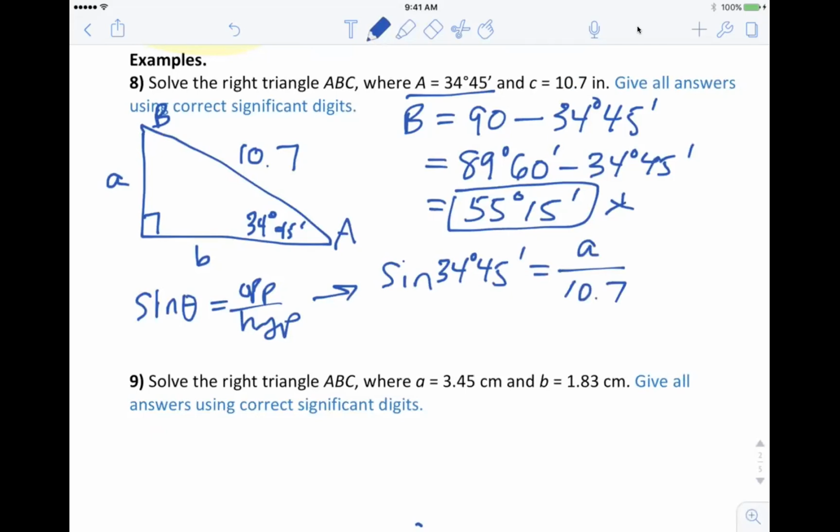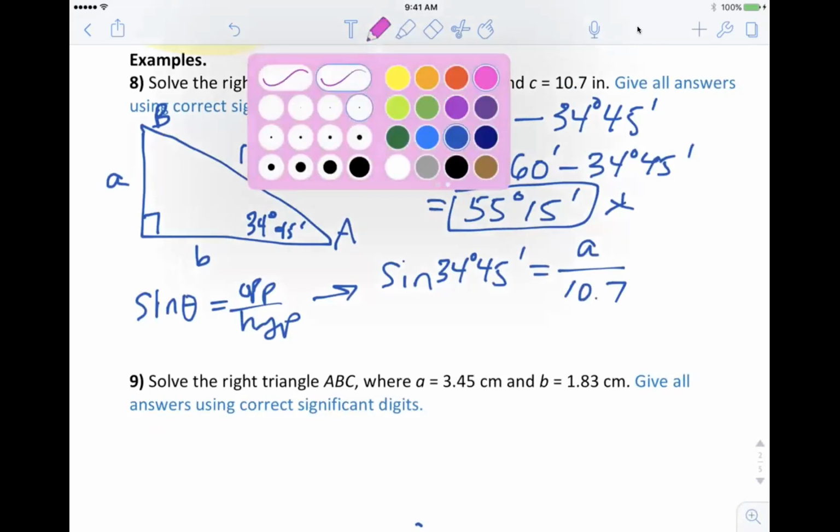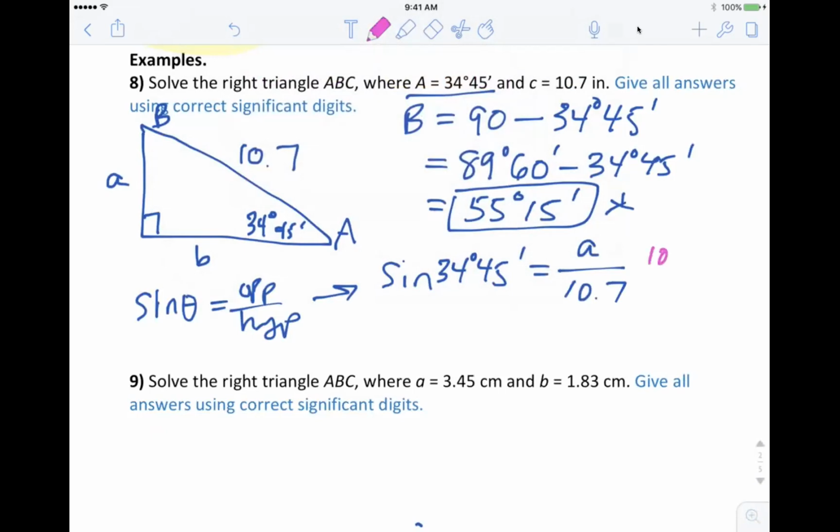And then now you have a little equation to solve. So I'm going to multiply both sides by 10.7, and then that's going to be a.